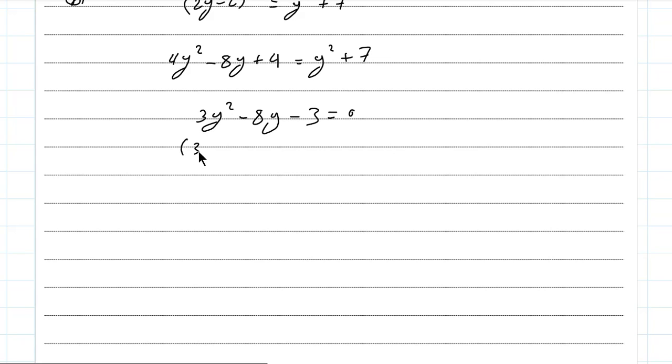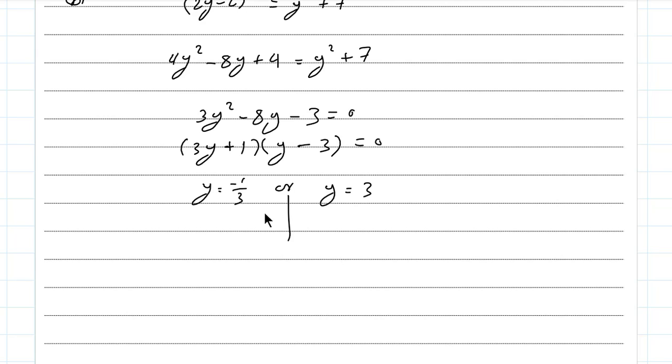Factorizing to have 3y, and y, 3 can be 3, and here 1, negative 9y plus y will be negative 8y equals 0. So that either y equals negative 1 over 3 or y equals 3.